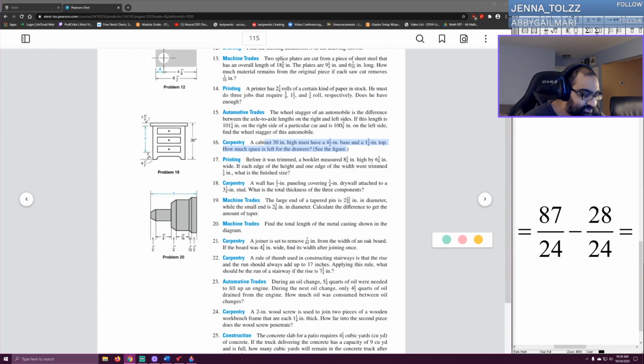Let's try that out. How could we set up this problem? What do you think we could do here?